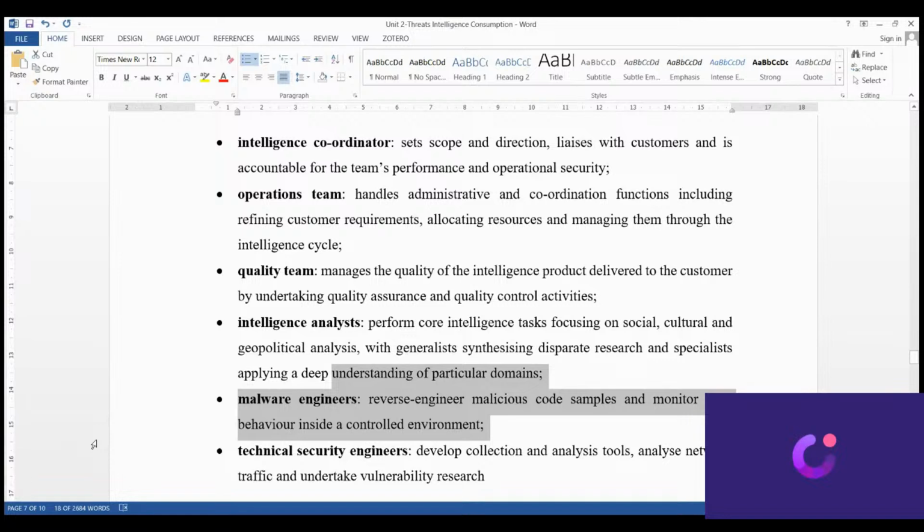Okay. Then you have the technical security engineer. This one develops collection and analysis tools. They analyze network traffic and undertake vulnerability research. That's what these colleagues do.